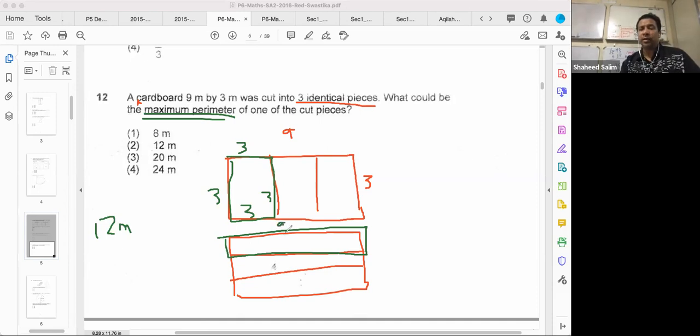This one's 9 over here. This one's 9 over here. This one? Well, this is 3 cm. If we divide by 3, you get 1. So 9 plus 1 is 10. Plus 9, 19. Plus 1, 20. So which one is bigger? 20 is a bigger one. So 20 is the answer.